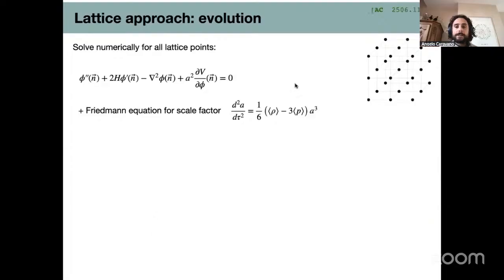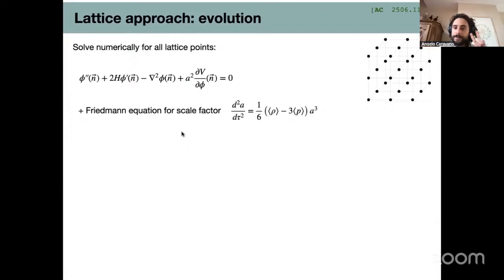Then once these initial conditions are set, what this code does is that you solve numerically for each of these points, for all of them, the full equation for the inflaton with all the gradients and the potential, which has all the nonlinearities in it. And then together with it, it solves the Friedmann equation for the scale factor, where rho and p are the mean energy density and pressure contained in this universe.